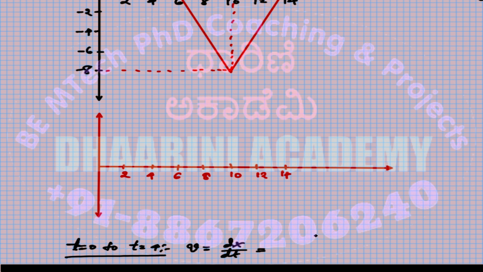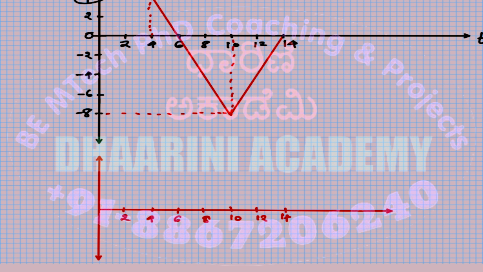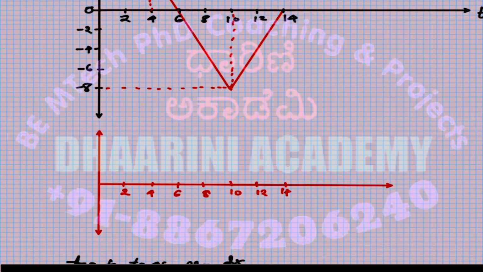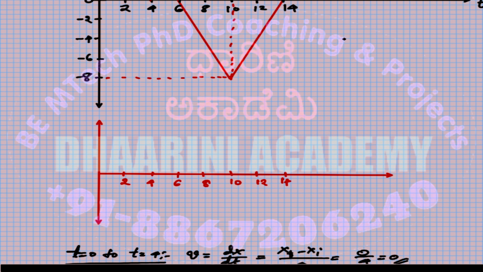So dx is the change in x. How much x changes? But if you see, x initially is 4, x final is also 4, so x is actually not going to change. So I'm supposed to calculate x final minus x initial divided by time, that is 4 seconds. So this is no change by 4, so this is equal to 0. So velocity is 0 because it is not changing. So 0 to 4, the graph is 0.